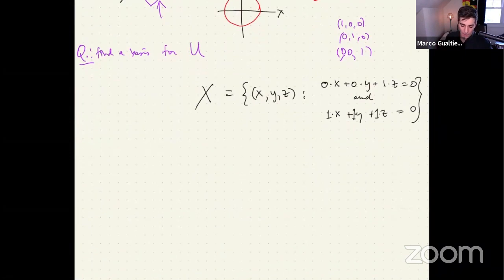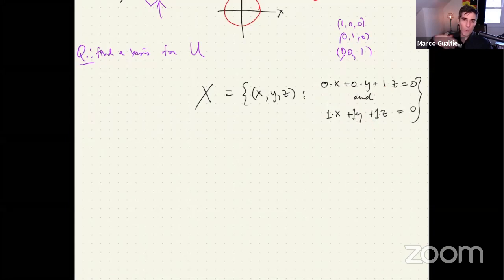If you have a point which satisfies this constraint and this constraint, and you find another point which satisfies these two constraints, what about the sum? We already understood that this is a linear constraint. So if you have two points satisfying it, then their sum will automatically satisfy this constraint, and the same is true here.